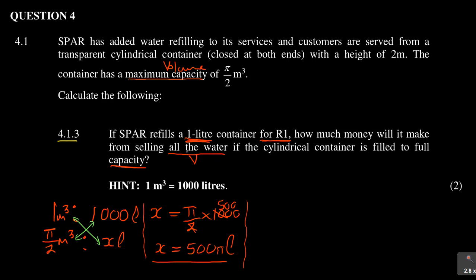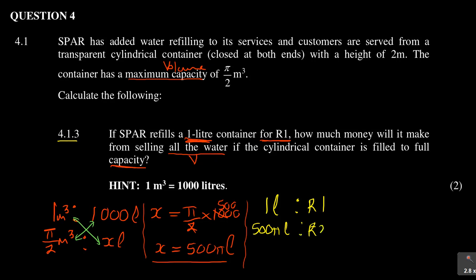Now they said 1 liter is equal to 1 rand. Now how about 500 pi liters is to x rand?